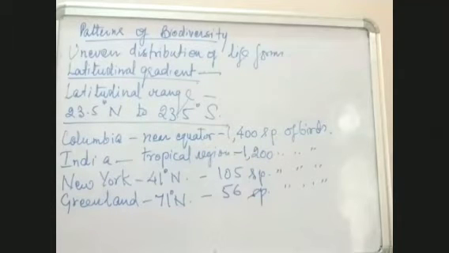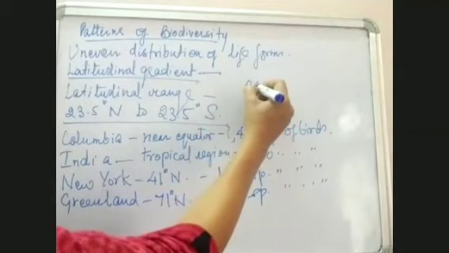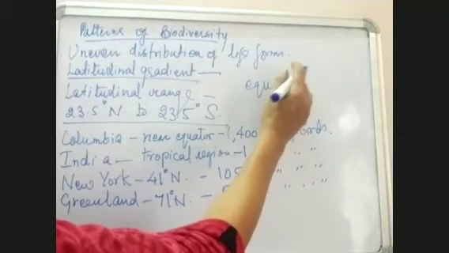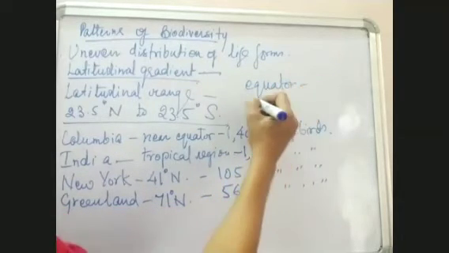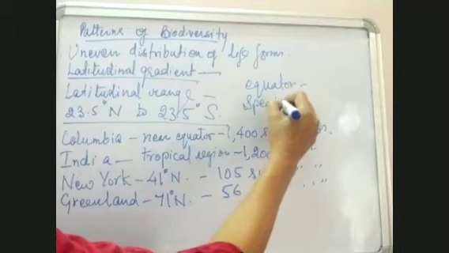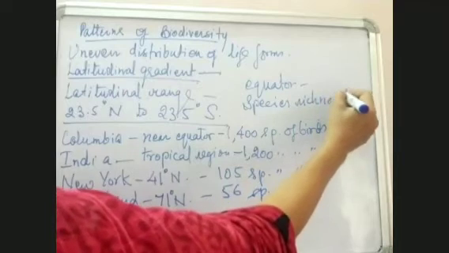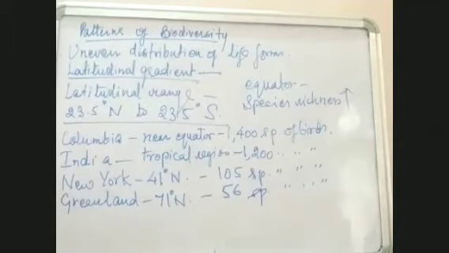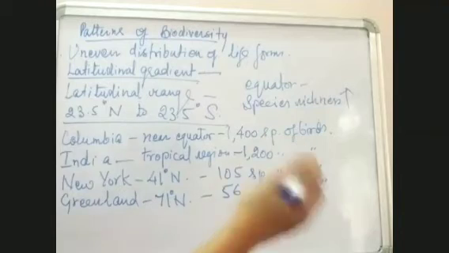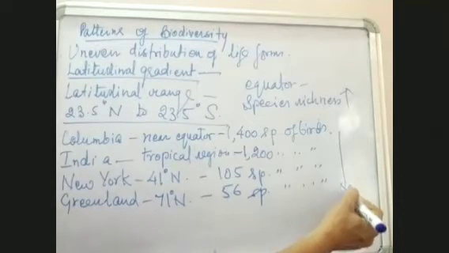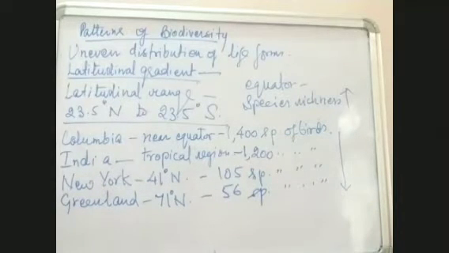Near or at the equator, the species richness increases, whereas if we go away from the equator, it decreases. That's why in Greenland, which is 71 degrees north, only 56 species of birds have been identified.